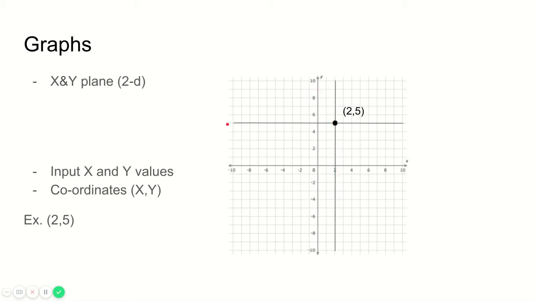However, it also has to be a point that has a y value of 5, which is represented by this line. Therefore, we can see that where the lines intersect is going to be the coordinate, where it has an x value of 2 and a y value of 5.